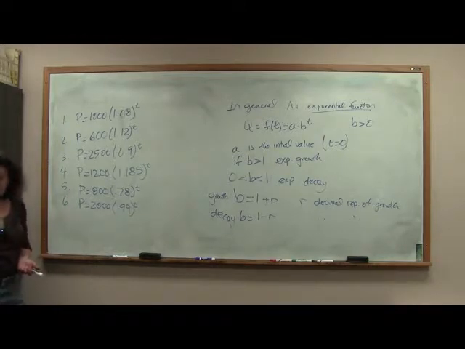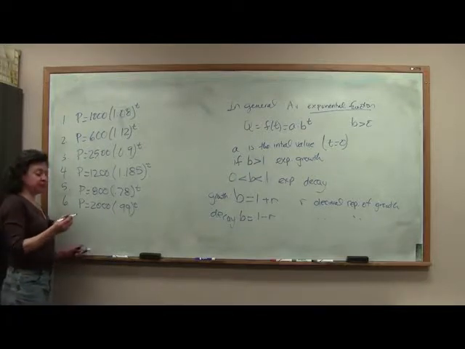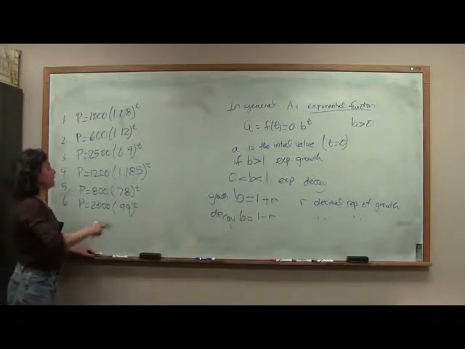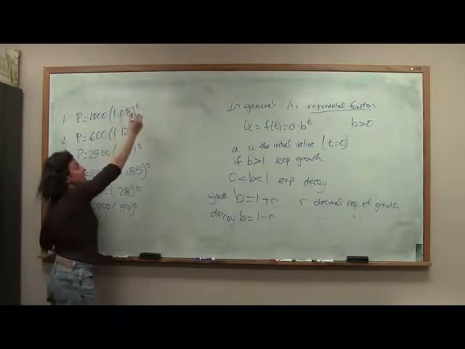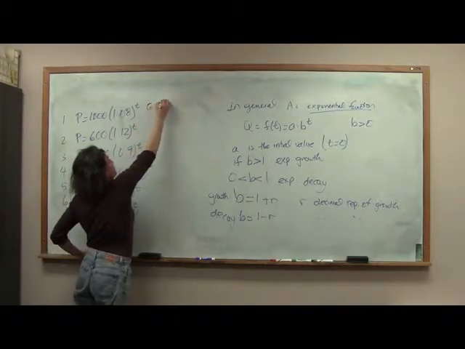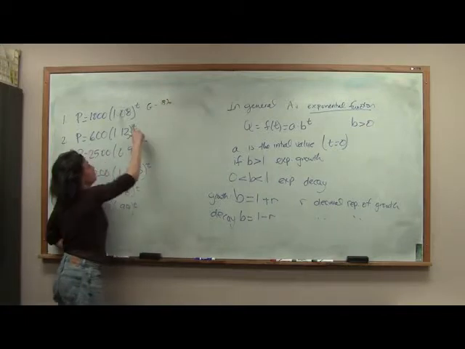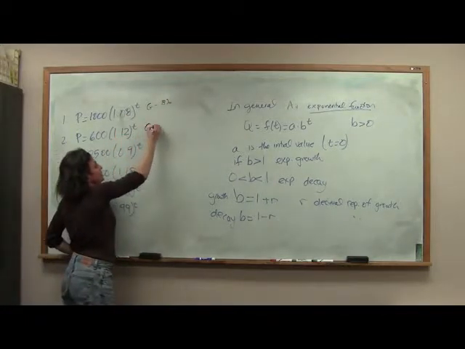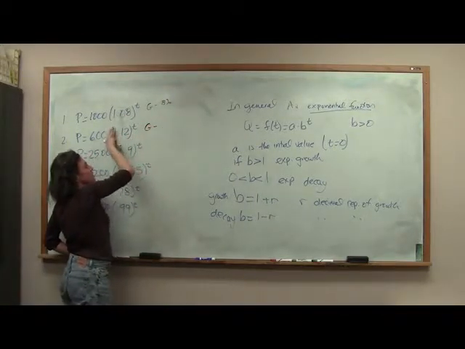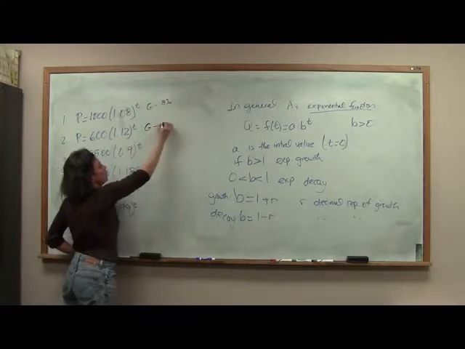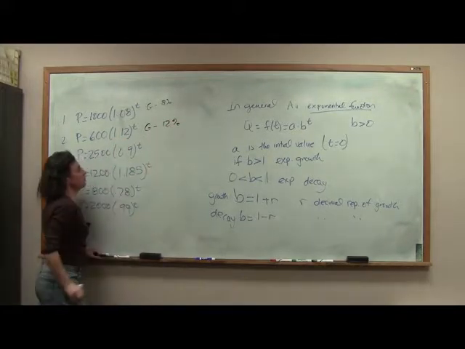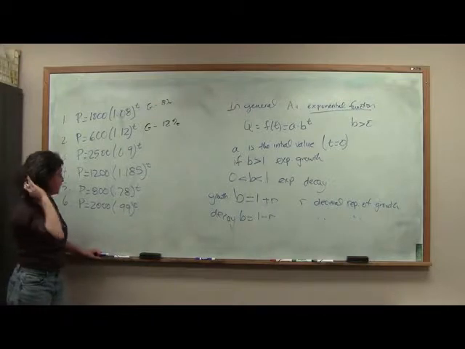If it's less than 1, it has to be greater than 0, then it is shrinking. So I'll use G for growing, S for shrinking. This one, I claim it's growing by 8%. This one is also growing. Just knock off the 1, you got 0.12, so that's growing by 12%.